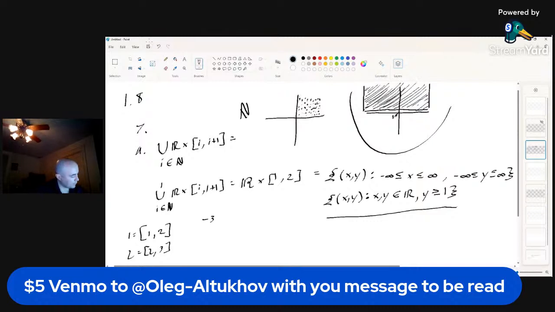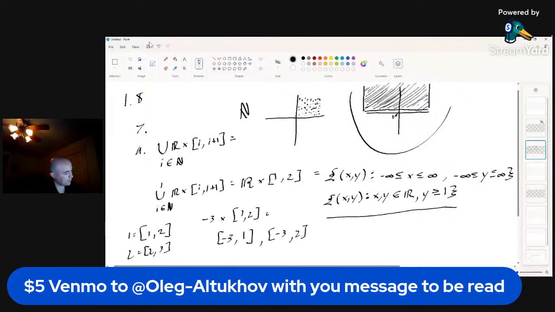So then that's going to be negative 3 by, okay, which is equal to negative 3 comma, negative 3, 1, comma. Perfect. Absolutely perfect. I understand now.